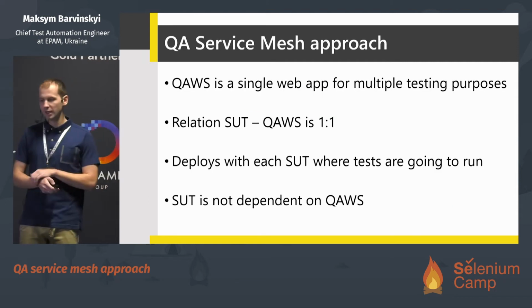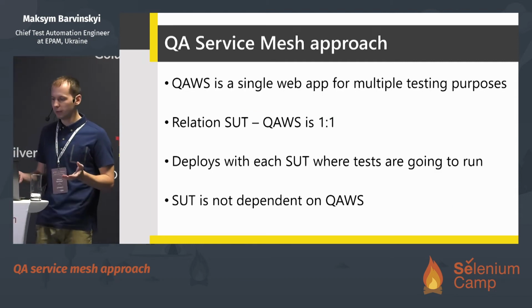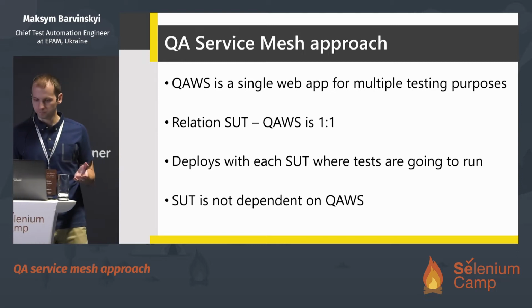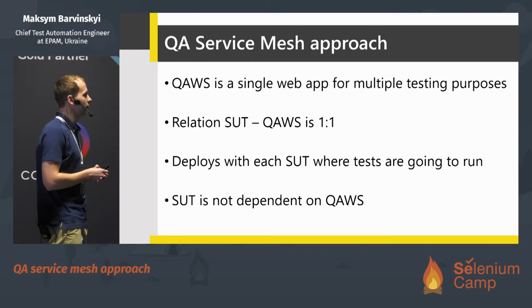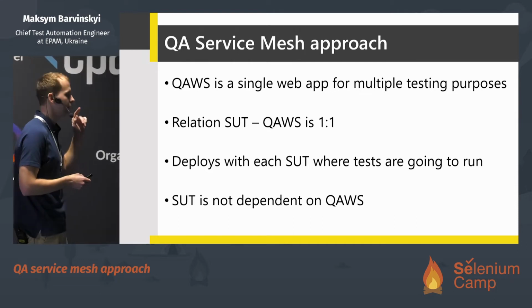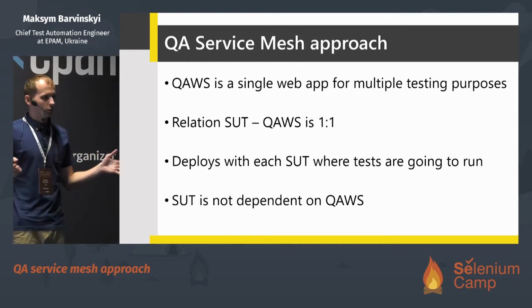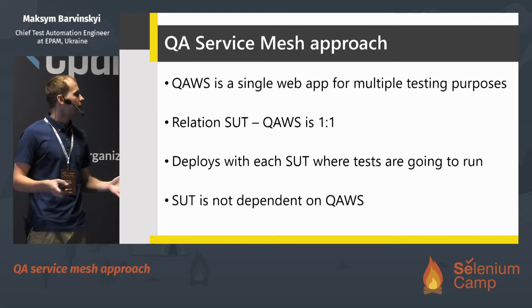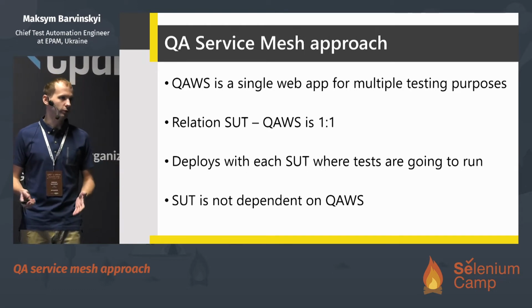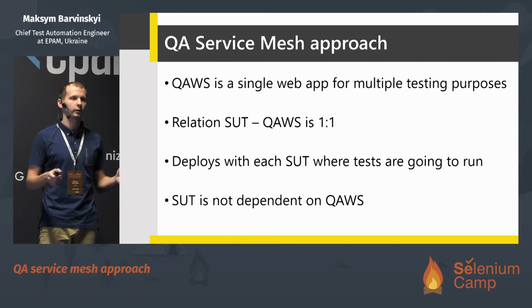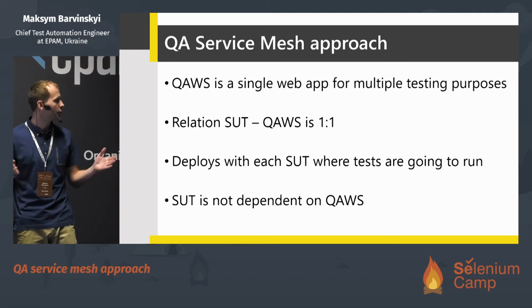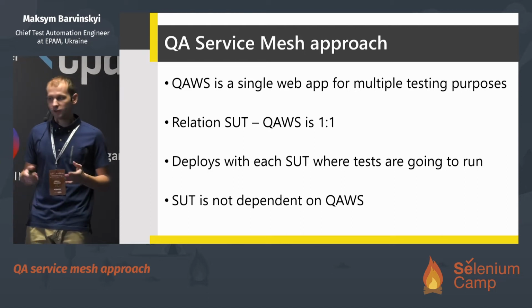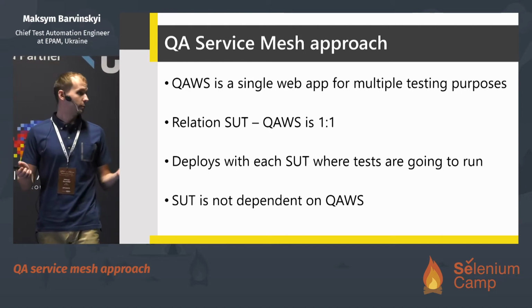Something like this. So we came up with an approach. I called it QA service mesh, but the mesh part I will explain later. So it is an approach in test automation architecture to have a single web service or even a web application with UI, why not, that serves different testing purposes.